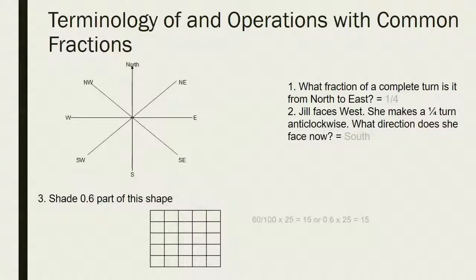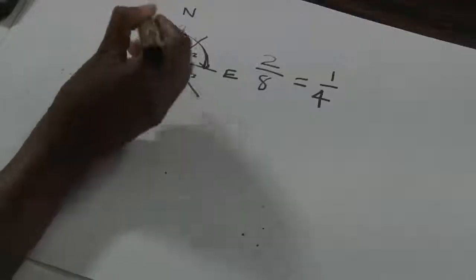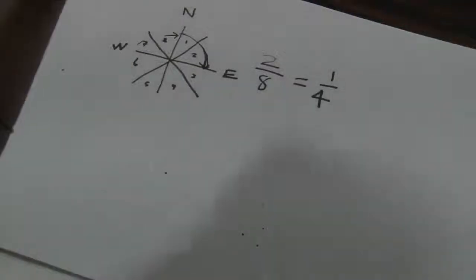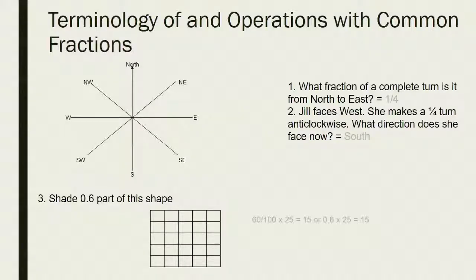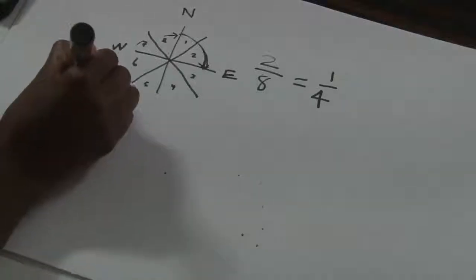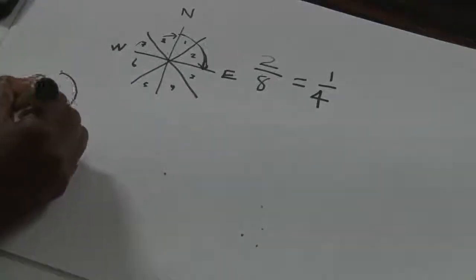And then Jill faced west. So facing west, our west is here. She makes a 1 out of 4 turn anti-clockwise. We know that a clock goes how? Is it going this way or this way?